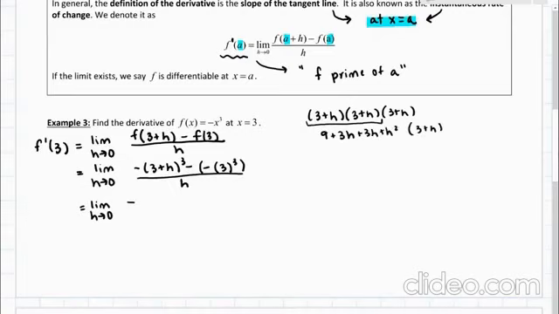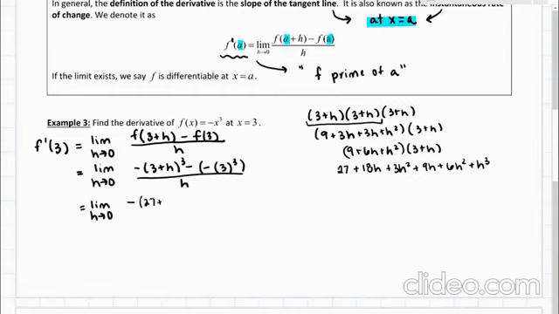And then if we combine our like terms there, you have 9 plus 6h plus h squared. And multiplying that by 3 plus h, then we end up with 27 plus 18h plus 3h squared plus 9h plus 6h squared plus h cubed. So that is what we have here.